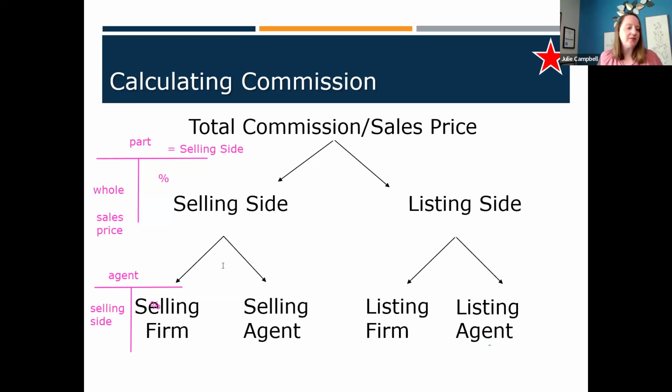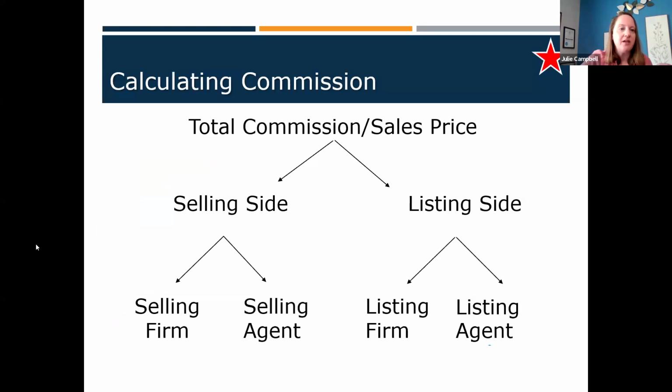Commission math is also where they love to give you guys distractors. What's a distractor's job? Its whole purpose is to distract you. So how do you beat the distractors? Map it out. Draw yourself a picture. Give yourself a visual. I'm starting with the total commission, for example.